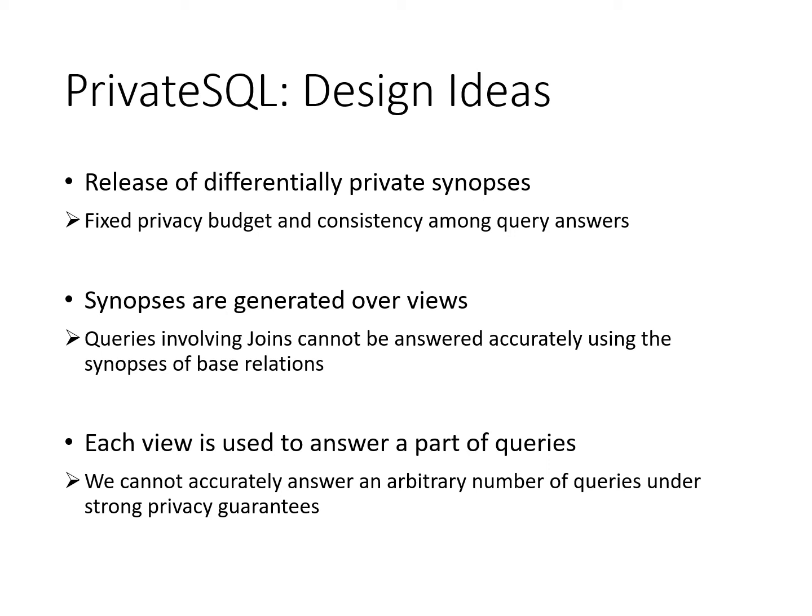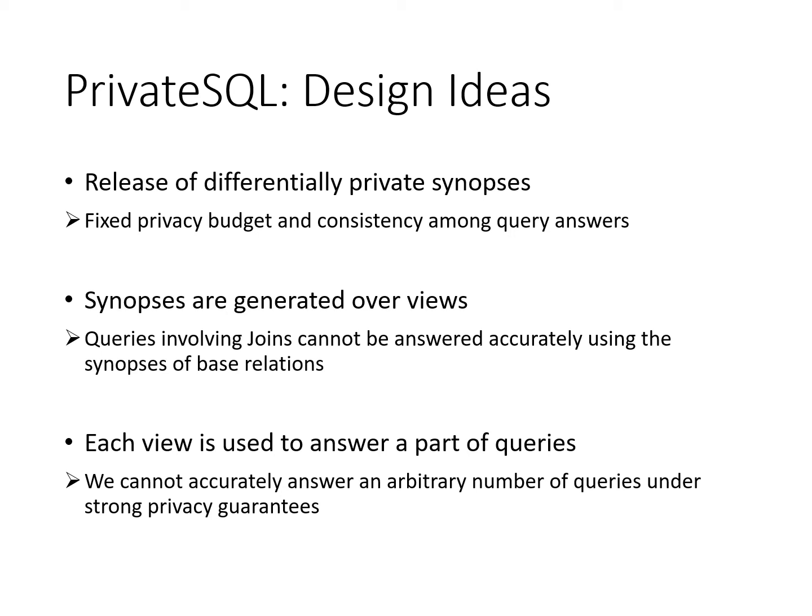The synopses are generated using views instead of the base relation tables themselves. Essentially, a view can be interpreted as a SQL algebra expression which can capture join operations of the base relations.